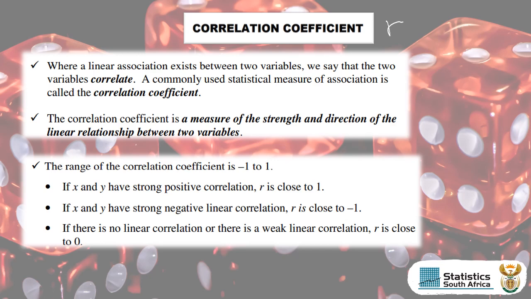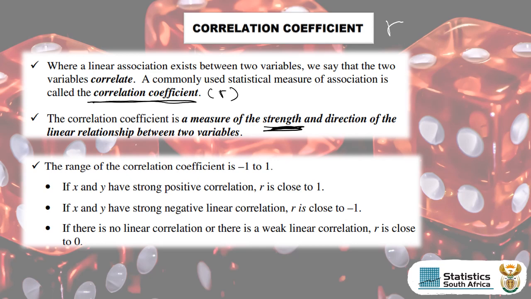A commonly used statistical measure of association is the correlation coefficient, whose symbol is small letter r. The correlation coefficient is the measure of strength. If we calculate it, we'll be able to say what the strength is. Is it strong? Is it weak? Is it moderate? We use the correlation coefficient.